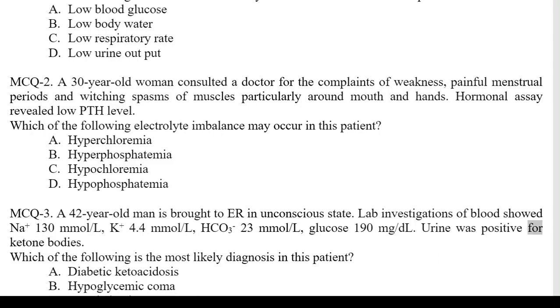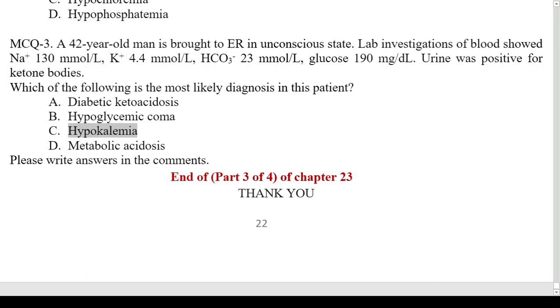Urine was positive for ketone bodies. Which of the following is the most likely diagnosis in this patient? Diabetic ketoacidosis, hypoglycemic coma, hypokalemia, metabolic acidosis. Please write answers in the comments.